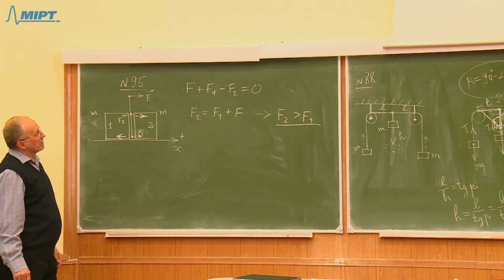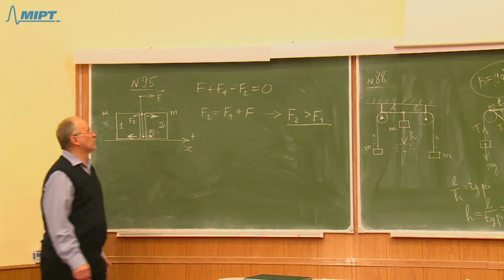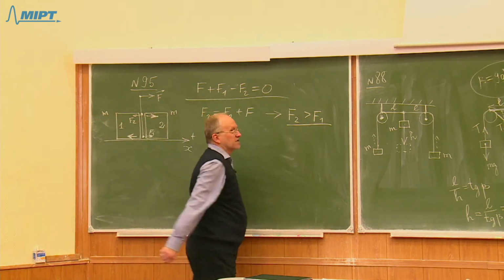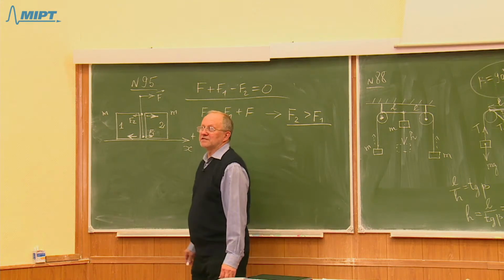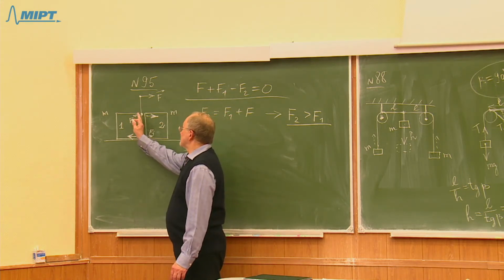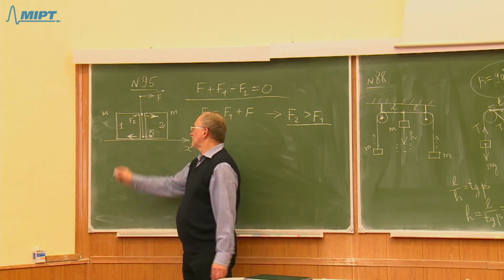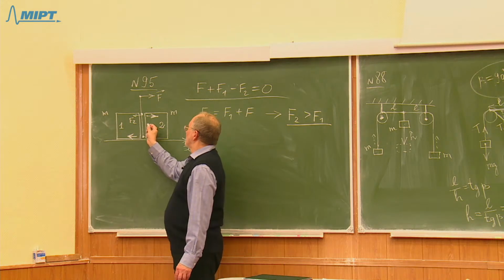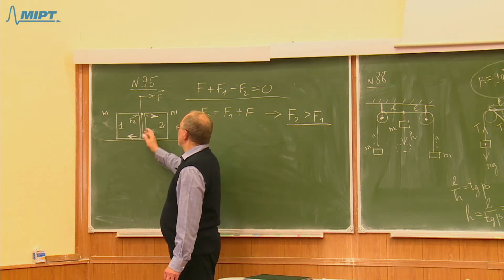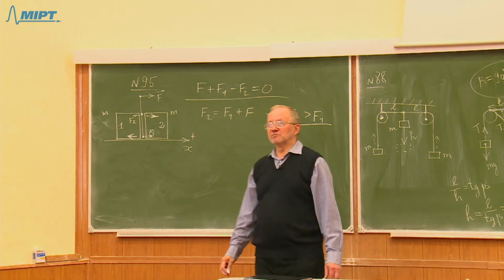So, what laws of physics do we use to solve this problem? First, the condition for static equilibrium. Which body is in static equilibrium? The vertical rod. It's in static equilibrium until one of the blocks moves. Until this block moves, the rod doesn't move.